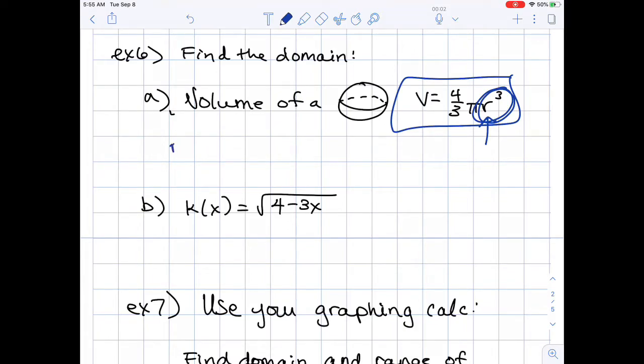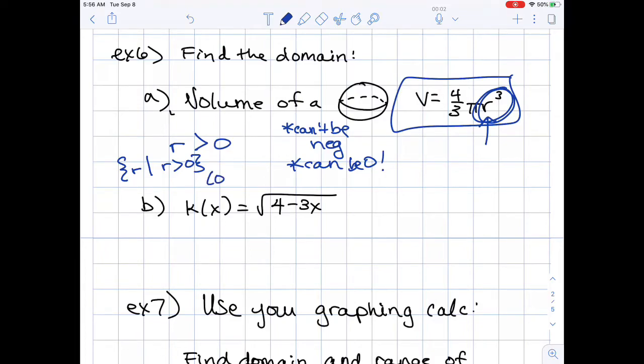So then we know that the radius has to be greater than 0, meaning it can't be negative and it can't be 0. So our set notation would say r such that r is greater than 0. Or we could use interval notation, starting at 0 and going on to infinity.